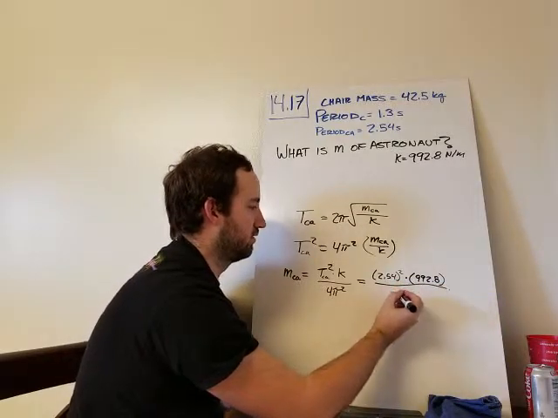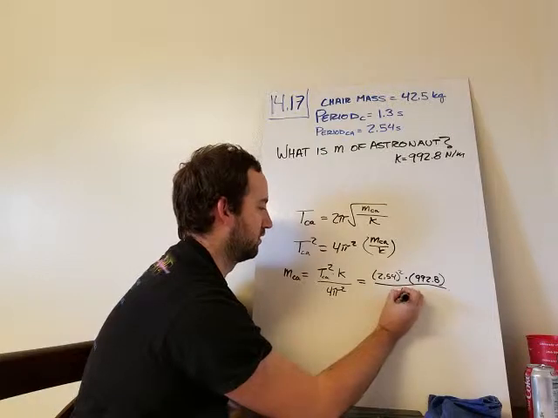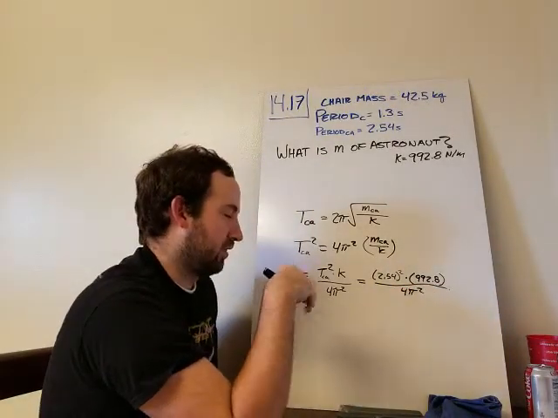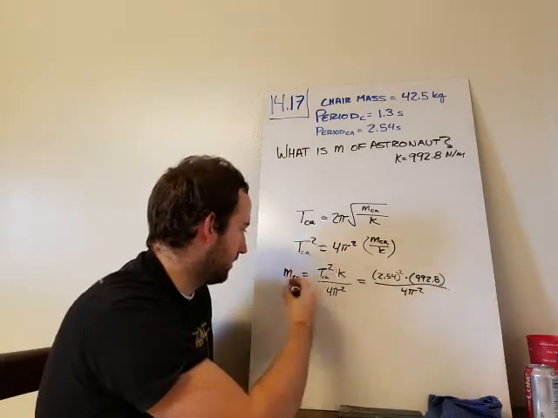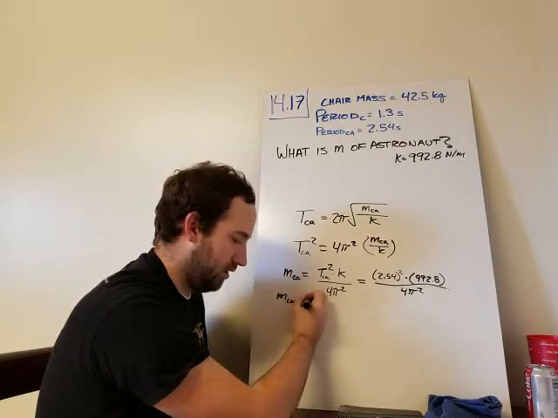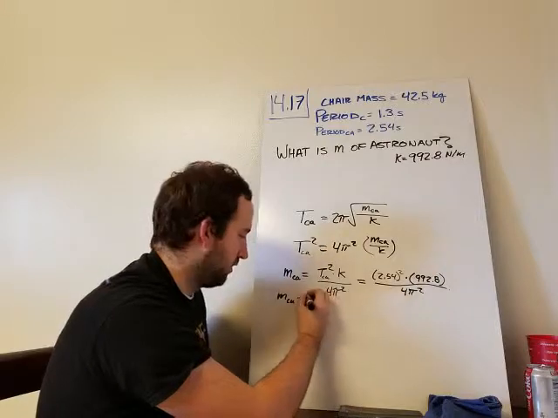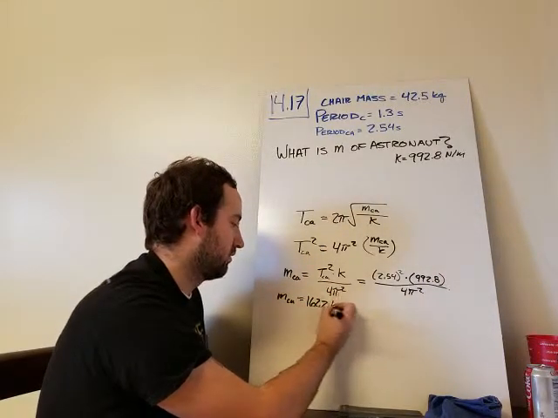And then 4 pi squared. We throw that in the calculator, and we end up getting that M_CA equals 162.2 kilograms.